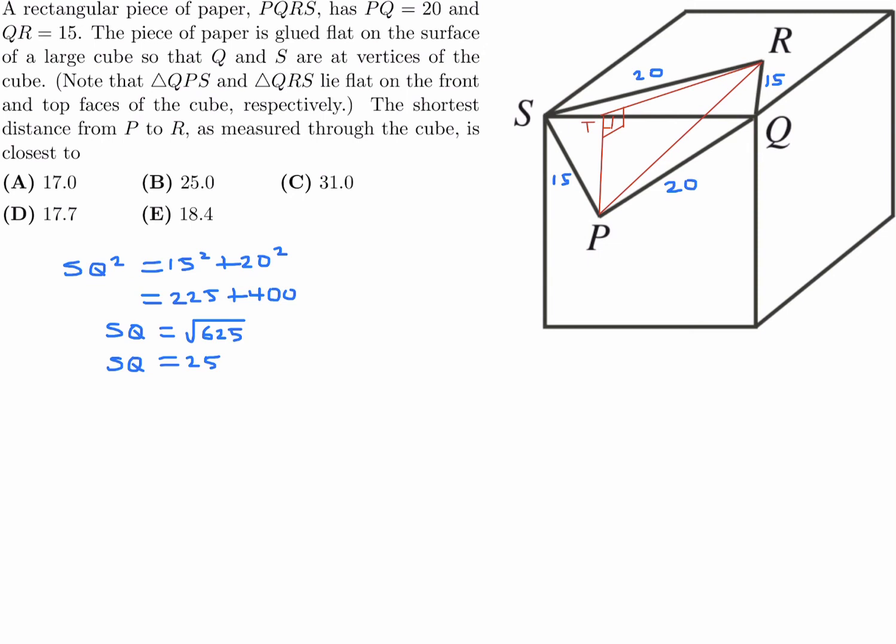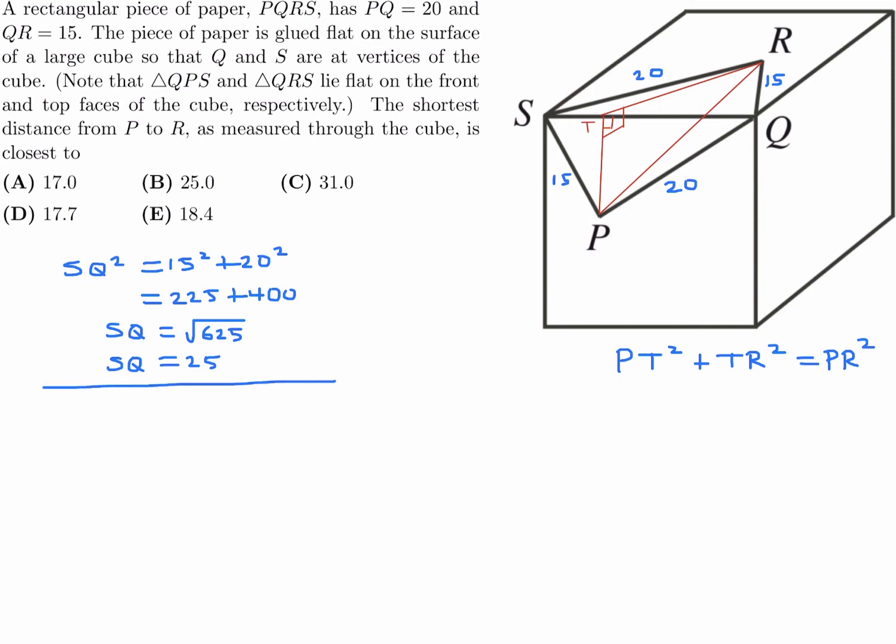So if I can figure out what is PT and what is TR, then I'm set. Because then all I would have to do is just solve PT squared plus TR squared is equal to PR squared. And that would essentially be how I would solve it. But I have to obviously individually work out PT and TR.